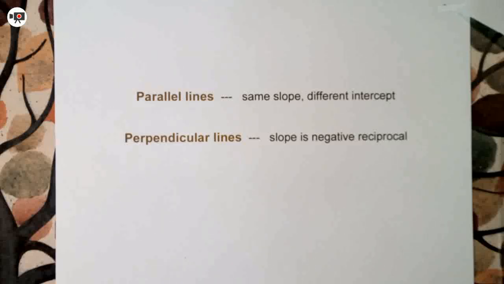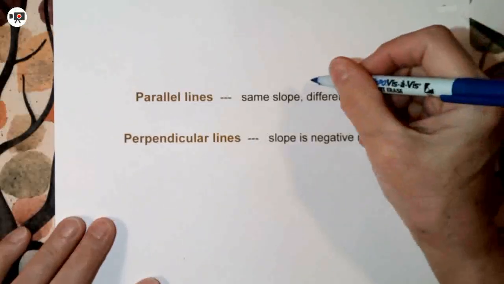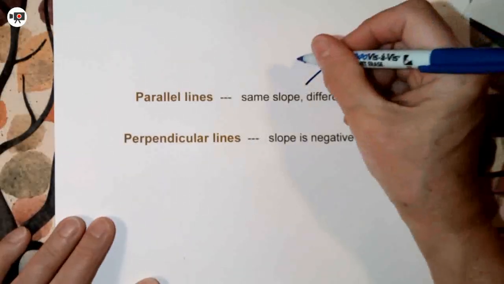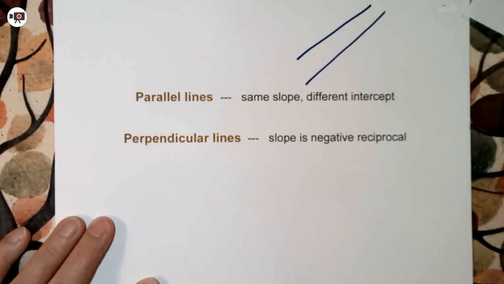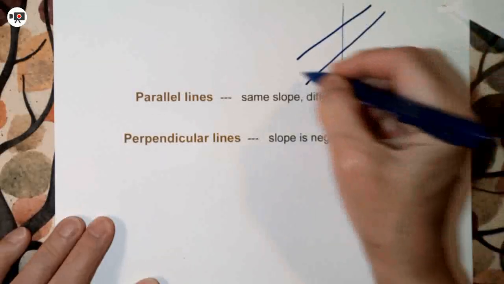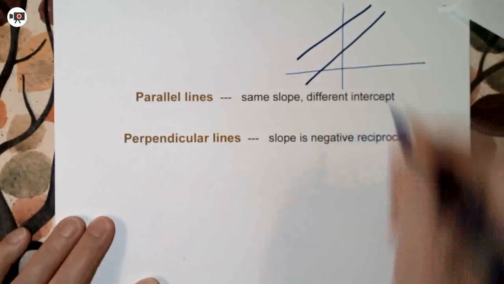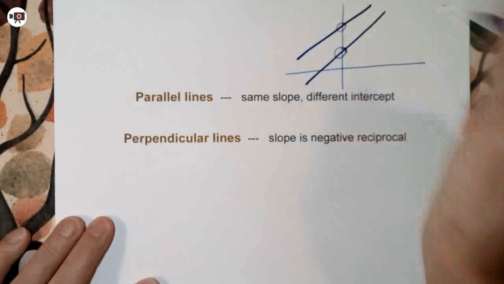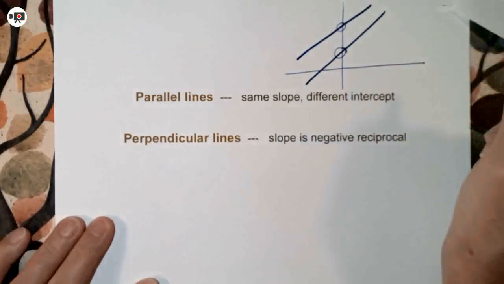So what if we have two parallel lines, same slope, different intercepts? As an example, you might have two lines that look like this. Oops, that's not very parallel. Pretend. If that were on the coordinate plane, it would look something like this. There's an intercept, there's an intercept, they're parallel.